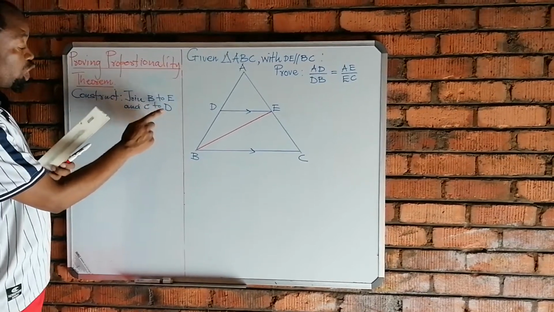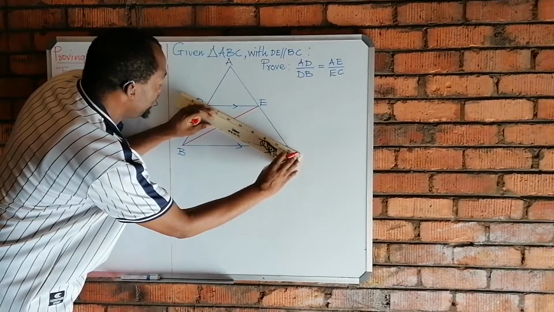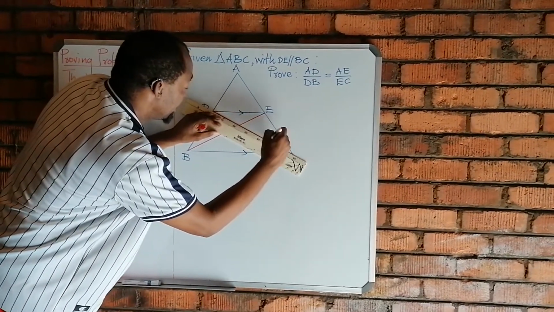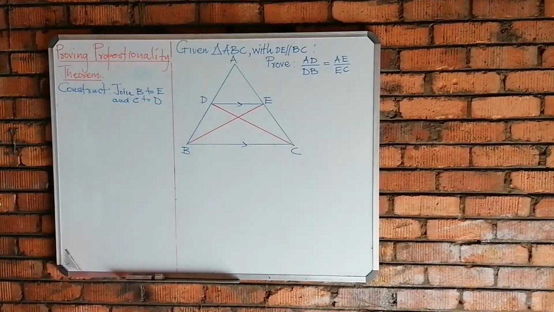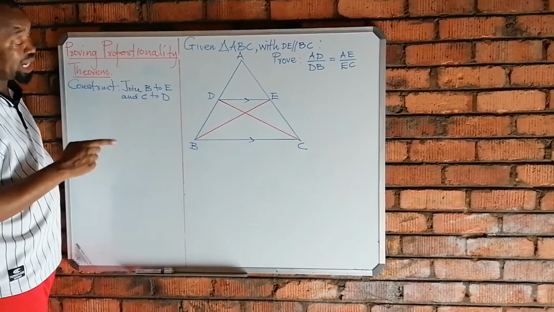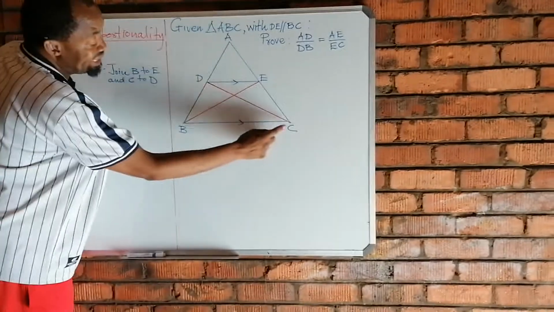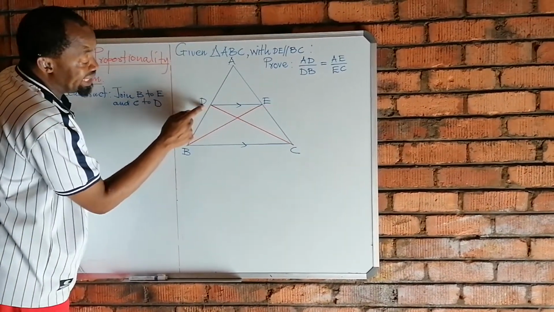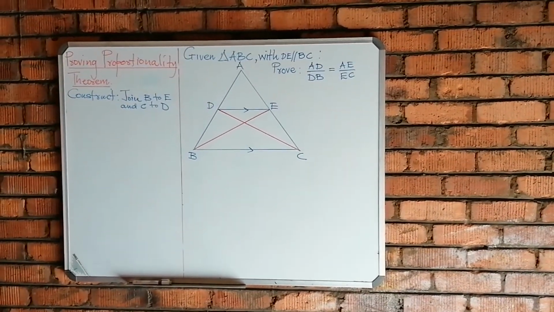Now I'm going to join C to D. Put my ruler beautifully there. I join C to D. Again, if you look at this, common or basic knowledge number 3, I have triangle ADC with triangle EDC sharing the common vertex.